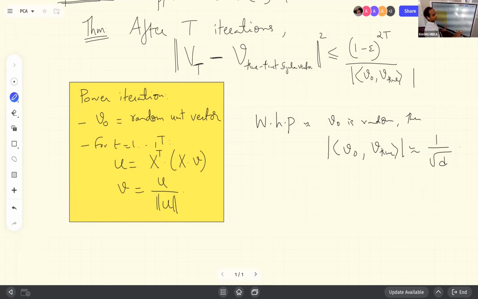That's a theorem. Basically you'll expect correlation about 1 over square root t.